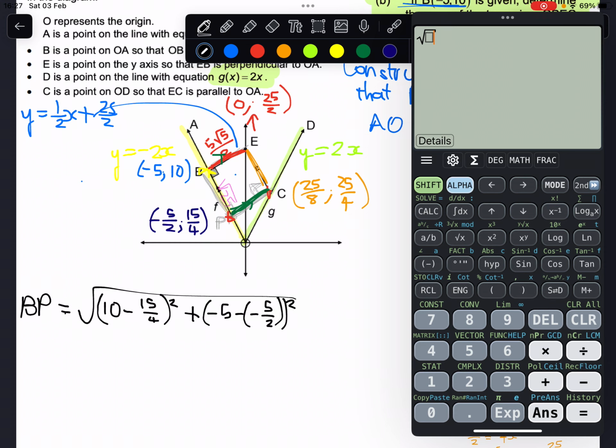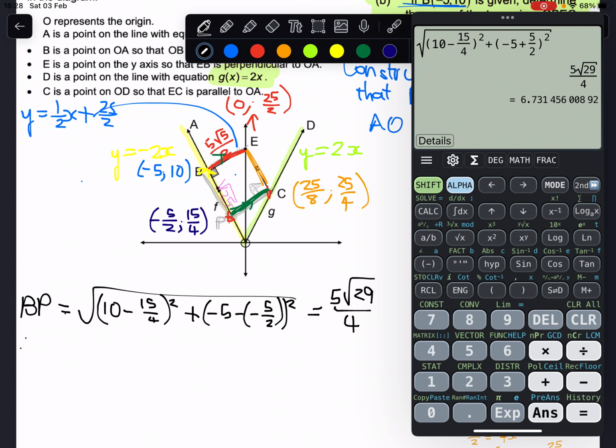Okay, 10 minus 15 over 4. Oh, what? Big finger problems, guys. Plus negative 5 minus, well, we know that that's a plus 5 over 2. Right, so we end up with 5 root 29 over 4. Okay, so that's the length of BP.